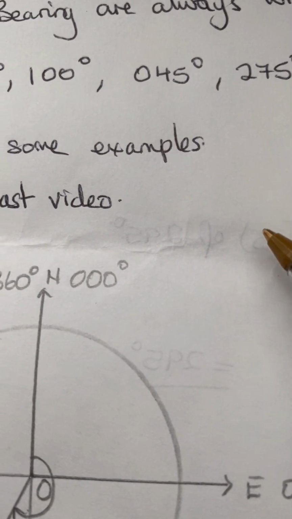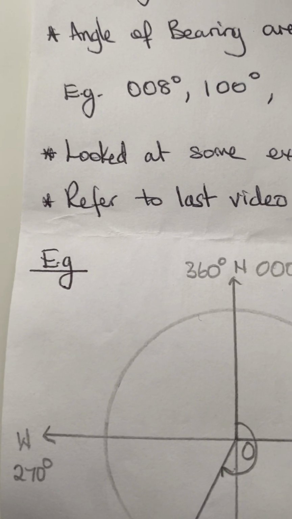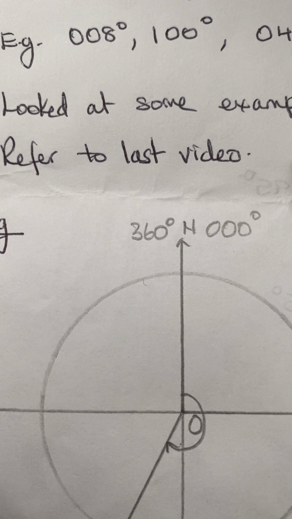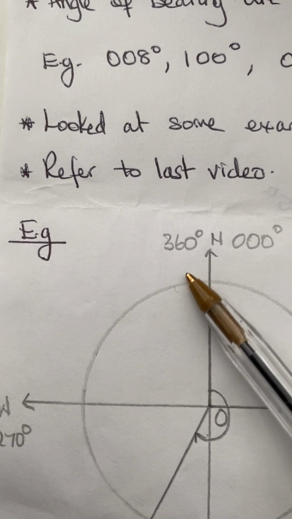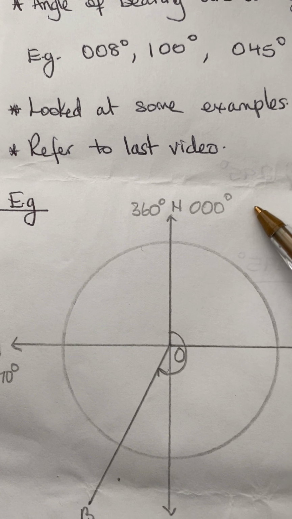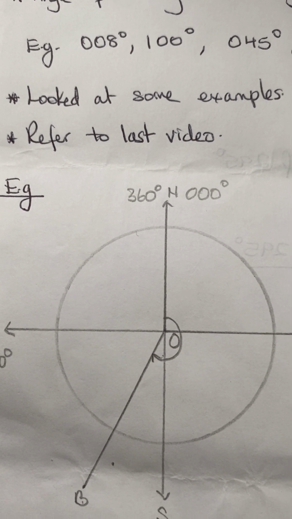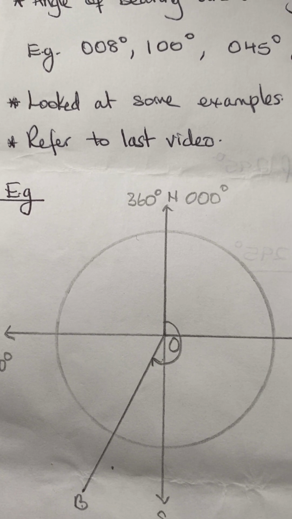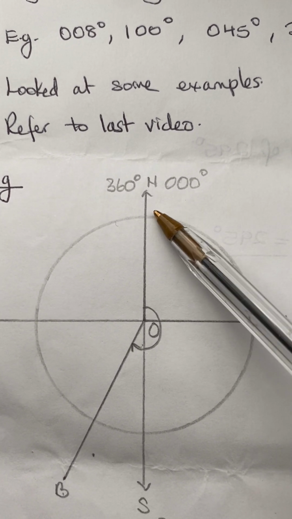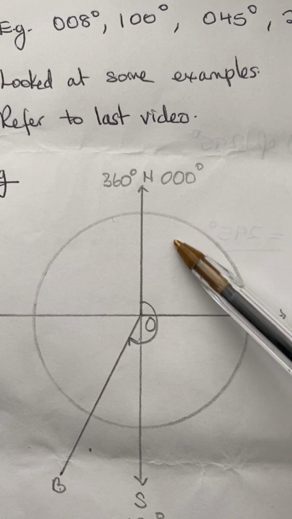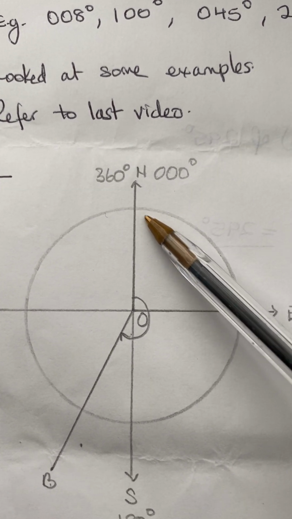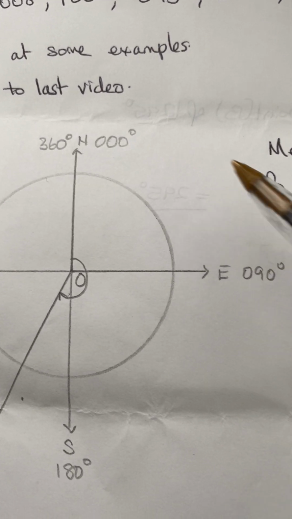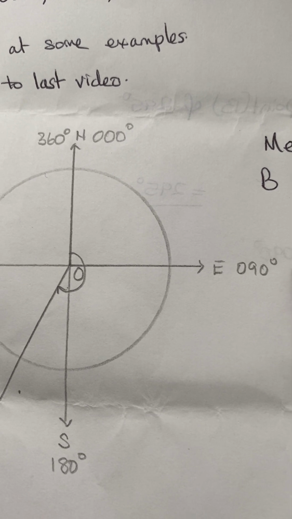Now we look at some examples. Please refer to the last video. It will help you a lot. Now let's look at this example at the recap. I said to you that bearings, you can see it as 4 quadrants. Any angle in the first quadrant will be from 000 degrees to 090 degrees.